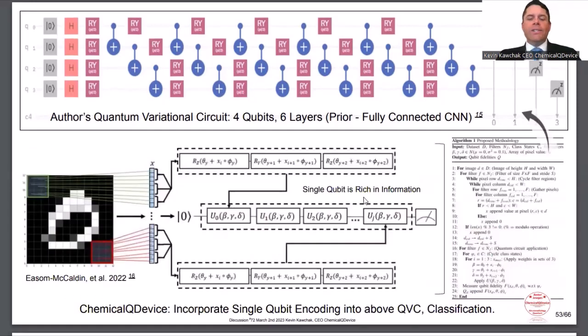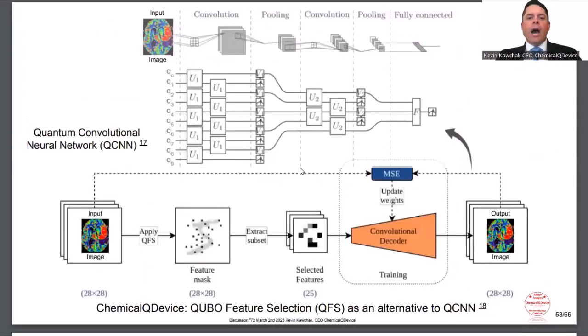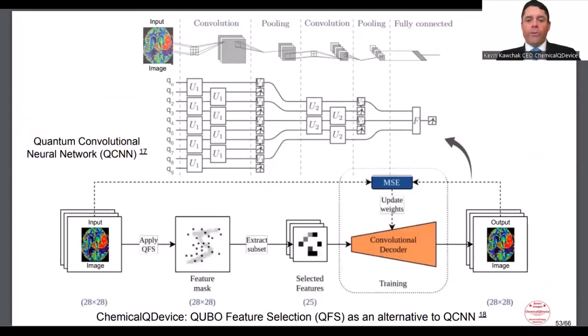But lots of opportunities, and qubits are rich in information. With a single qubit you can actually do encoding, and I believe they actually did classification on this specific one, taking advantage of all the different complex numbers and the phasing. Now, Qubo has this thing called Qubo feature selection.